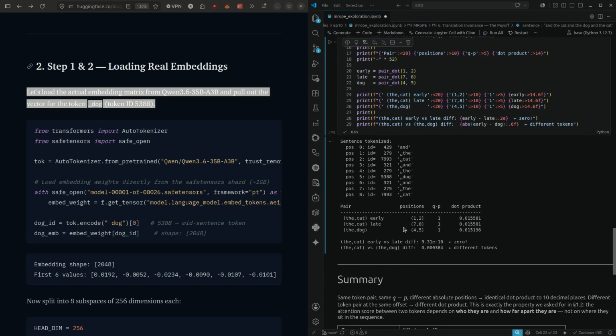Okay? So the cat here has the positions 1 and 2. That is this. And their dot product is this value. Okay, we're just taking a dot product of the actual vectors that Qwen gives us. And here we have taken the vectors for 7 and 8 and their dot product, and we get exactly the same number. And just for contrast, we show that the and dog is a totally different number. Okay?